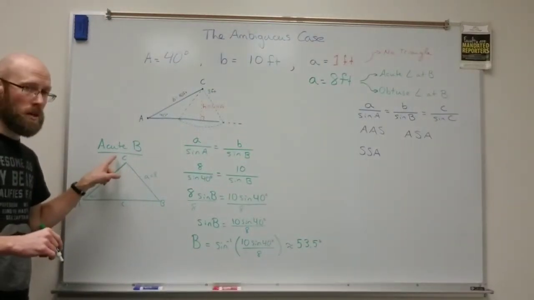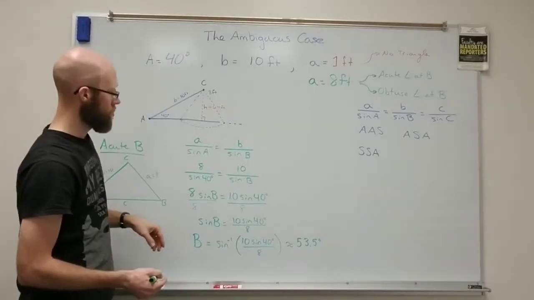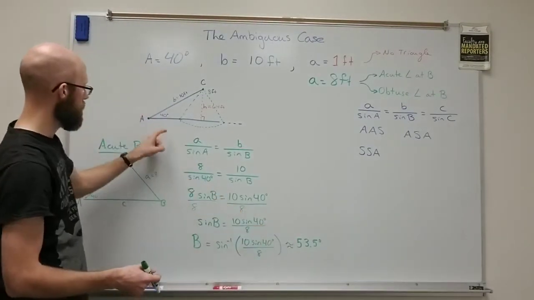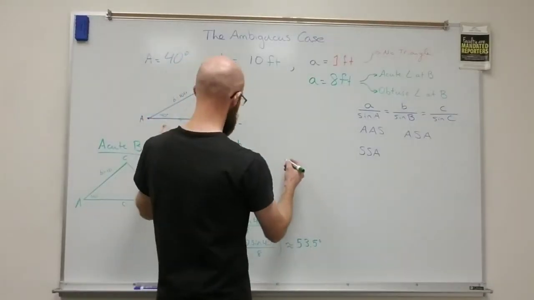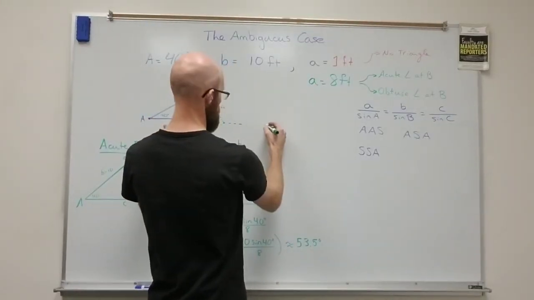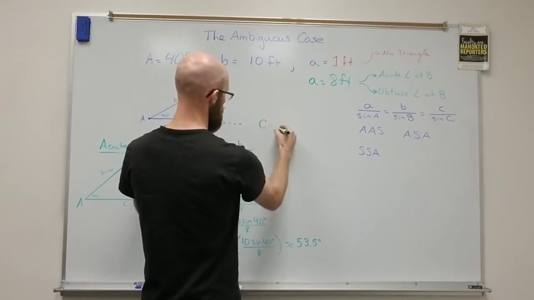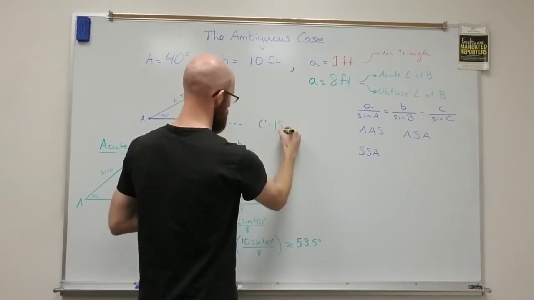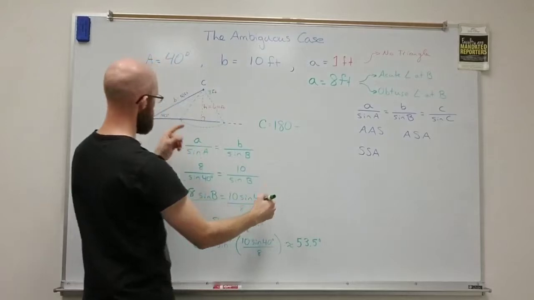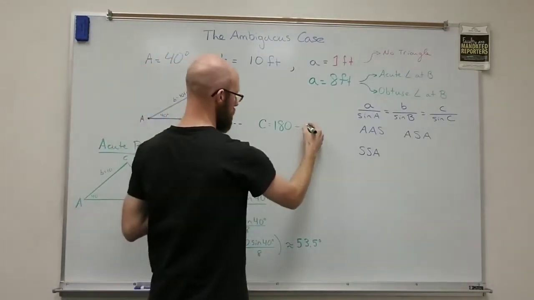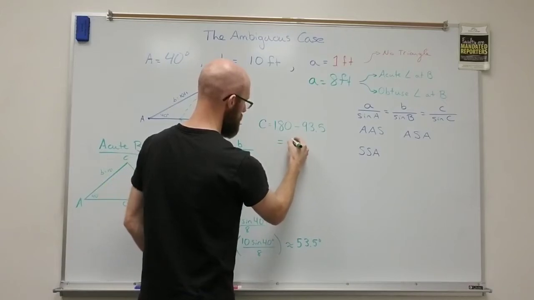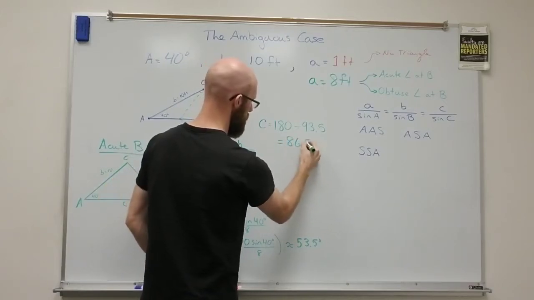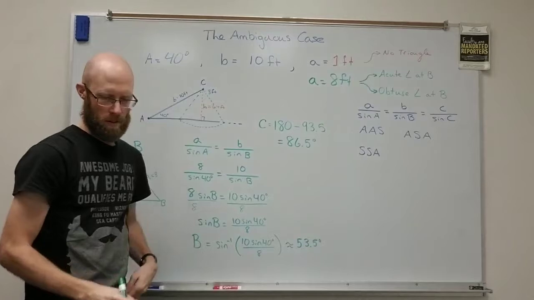Well, angle C comes from the angle sum formula. So if I take 53.5, add it to 40, that's 93.5, and subtract that off of 180, so angle C is 180 minus the sum of those two, which is 93.5. And that should give me an 86.5 degree angle.